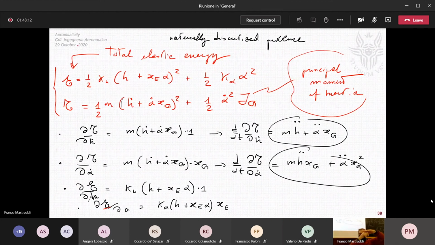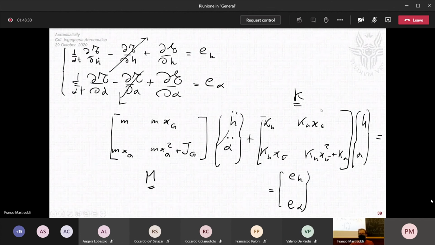If you consider the elastic center as vertical displacement, you have the stiffness matrix diagonal, but not the mass one. In order to have both diagonalized, you have to use the modal coordinates. Okay, and that's it.